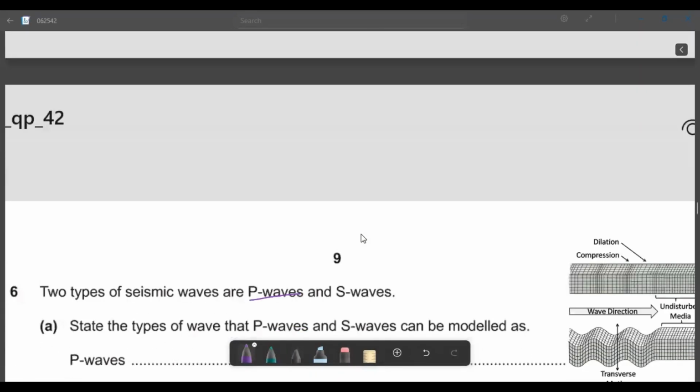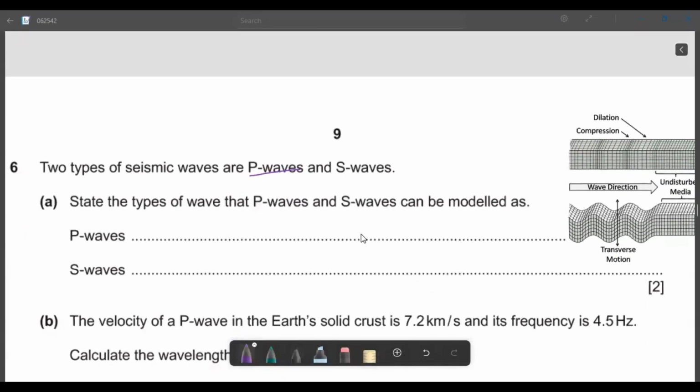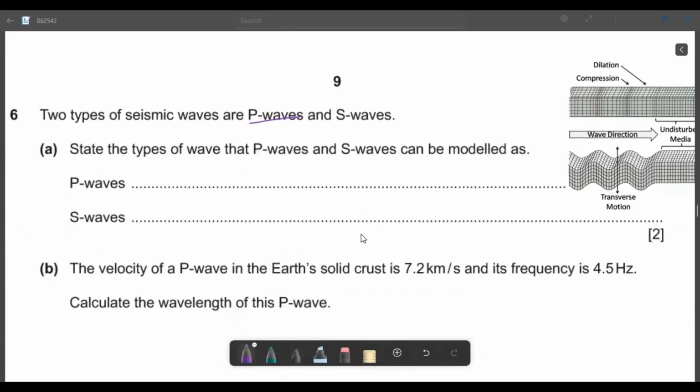Next, two types of seismic waves are P waves and S waves. State the type of wave that P waves and S waves can be modeled as. This is an example for a P wave and this is an example for an S wave.